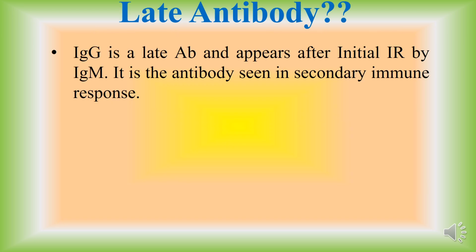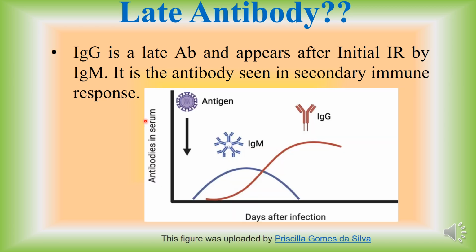Now, immunoglobulin G is known as a late antibody. It is known as a late antibody because it appears after the initial immune response by immunoglobulin M. It is the antibody that is seen in secondary immune response. Let us understand this better with the immune response curve. So this is the immune response curve.